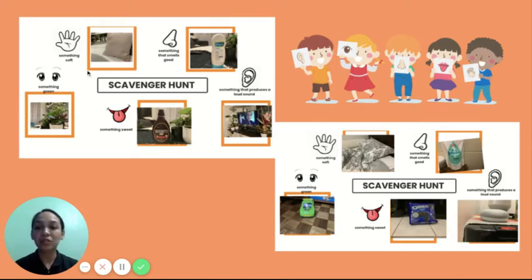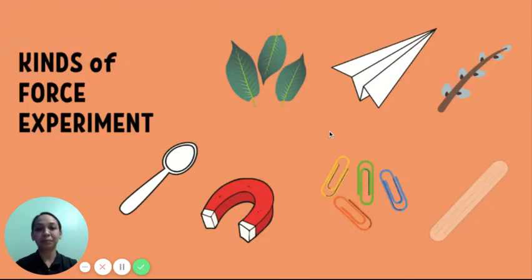Okay, so here just provide them guide words on how they will look for objects. So here, something soft, something green, something that smells good, something sweet, something that produces a loud sound. Students enjoy these kinds of activities.